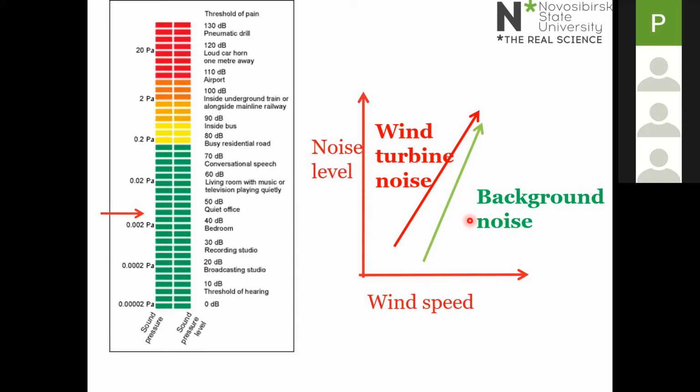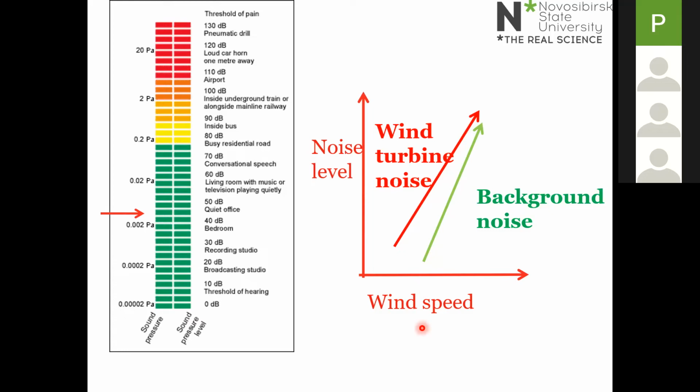Okay, I've done quite a bit of work over the years on wind turbine noise at different sites, and every time I see the data from a particular site, I see this result here, that the turbine noise relative to the background noise gets less as the turbine noise increases.